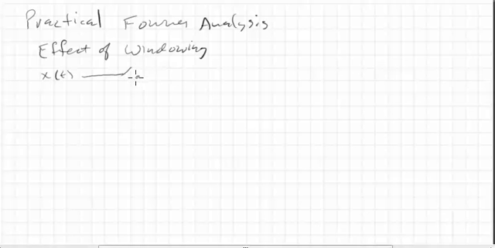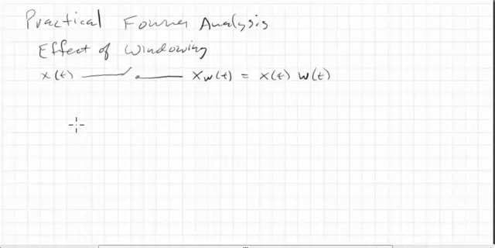This could be a recorder or an analog to digital converter, and the output is what we call x_W(t). And the math model, as we've talked about before, is as if we have the original signal and we view it through a window function, which I'm going to call w(t).